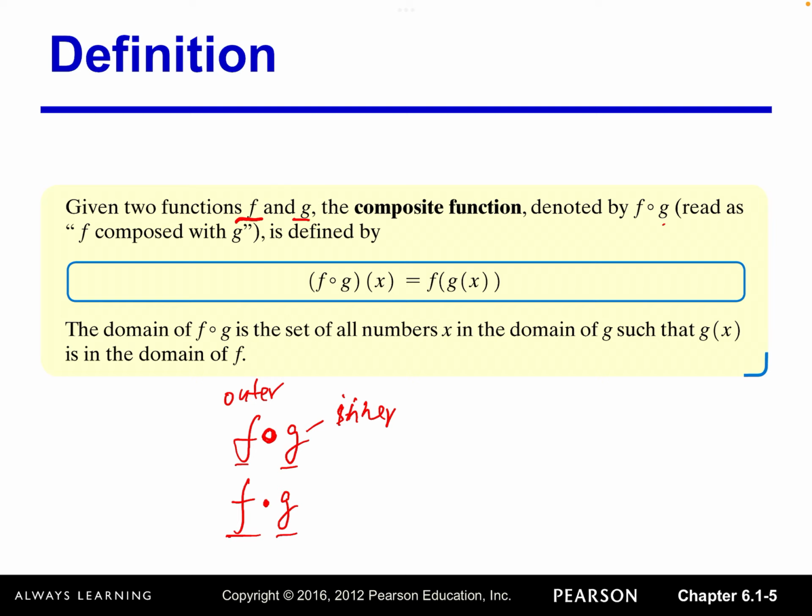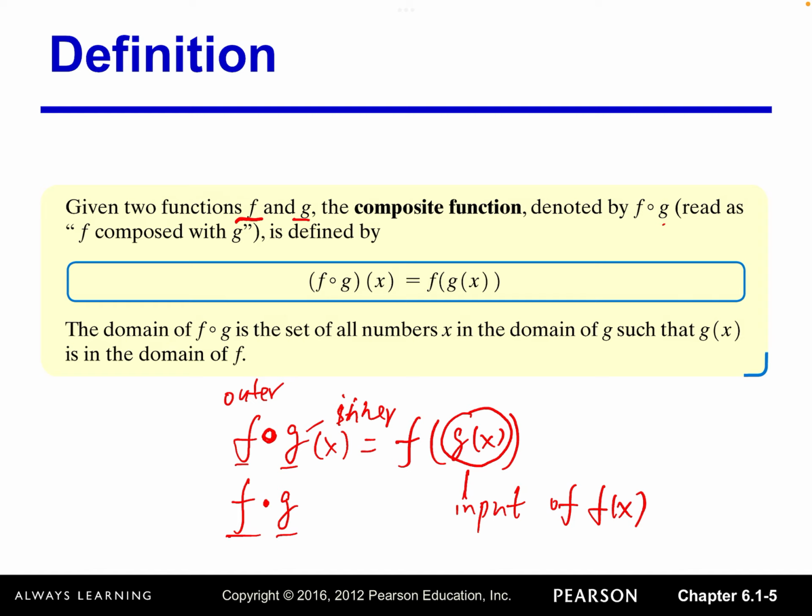So f composed with g of x is equivalent to f of g of x, where the outer function is f and the inner function is g of x. So g of x is the input of function f. And in the inner function g of x, x is the input.